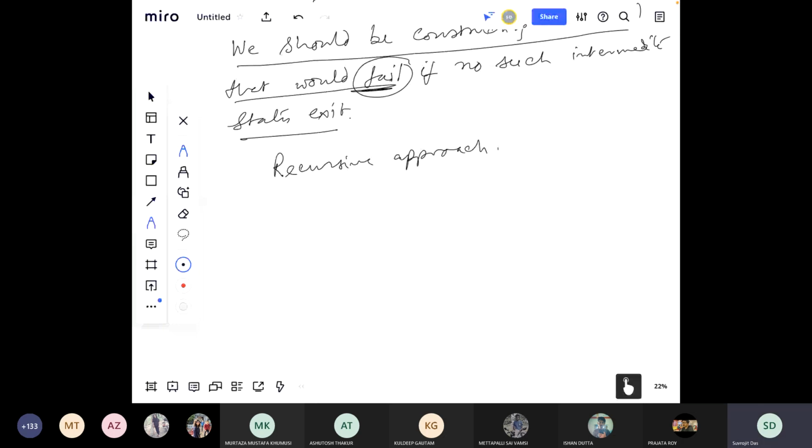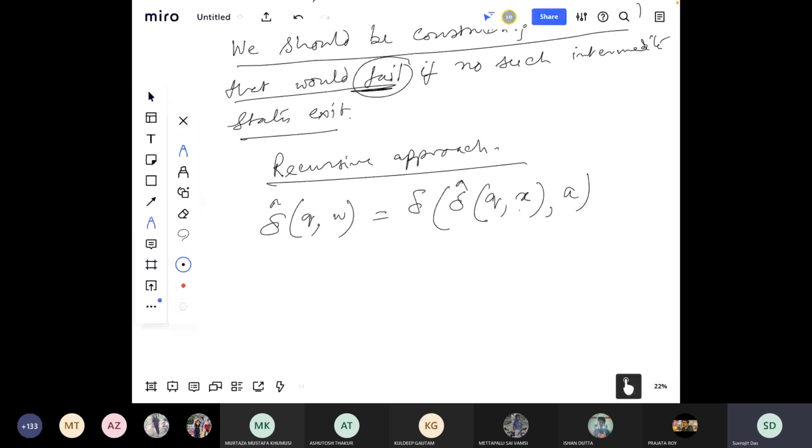So what you say? You say del hat of QW is equal to del hat of QX comma A. Right? Then again break X into something like X1 B and go on deriving like this. Finally, you find del hat of Q comma A, where A is the leftmost symbol of the string, right?